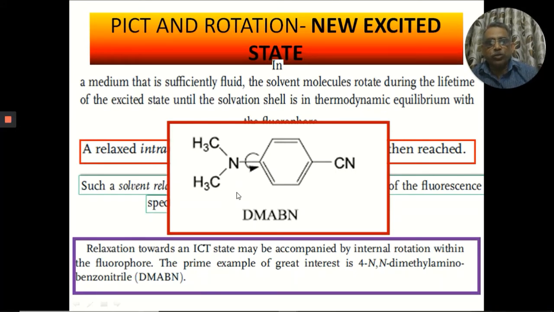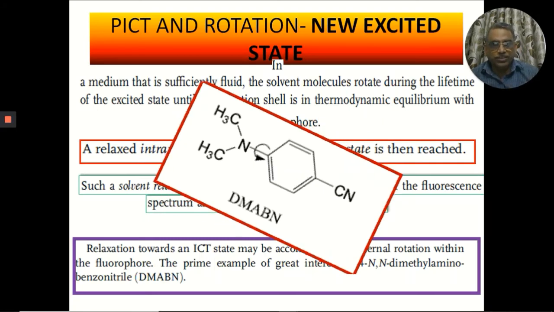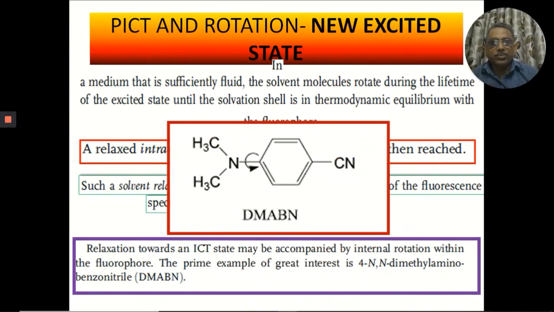You have a donor group and an acceptor group, the nitrile. There is a charge flow from the donor to the acceptor, and there is a rotation. Because of the rotation, a new state is formed in addition to what you normally see in the electronic states, and this is called the TICT state.